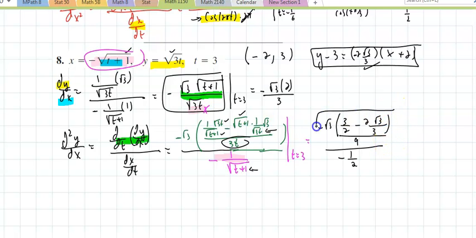So on a test, I could leave it like that. For the homework, you're going to clean that up and tell me what that equals.